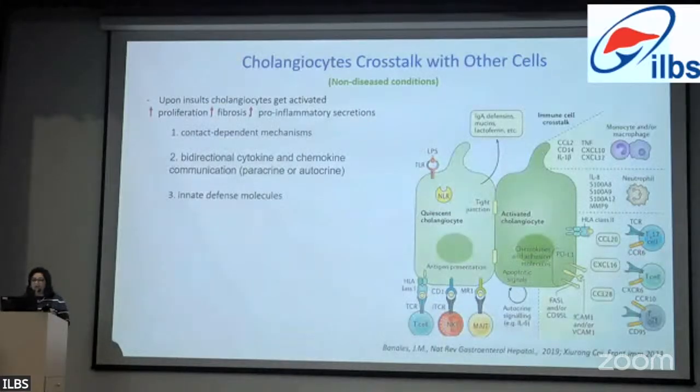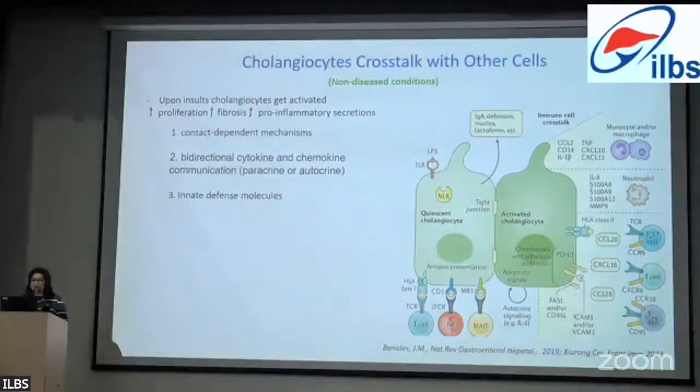But whenever there is an insult to the liver, the cholangiocytes get activated and can lead to proliferation, fibrosis, and pro-inflammatory secretion. That is the time when they secrete so many molecules that they invite other immune cells to come and crosstalk with them. This crosstalk can be of three different types.